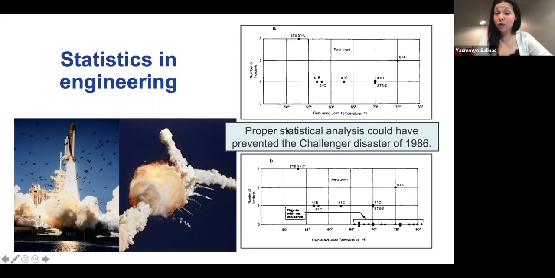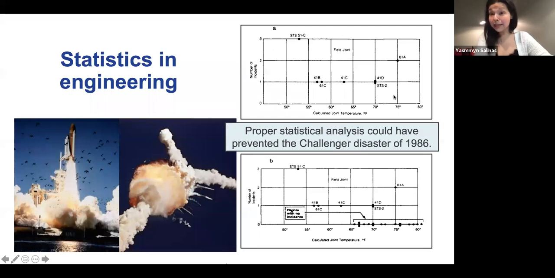What I'm showing you here in this top plot is, on the x-axis, the temperature, and on the y-axis, the number of incidents, so the number of malfunctions in a particular part of the shuttle that have occurred in the past at these given temperatures. Here at 52 degrees, we have about 3 incidents. Here at 70 degrees Fahrenheit, we have about 1 incident.